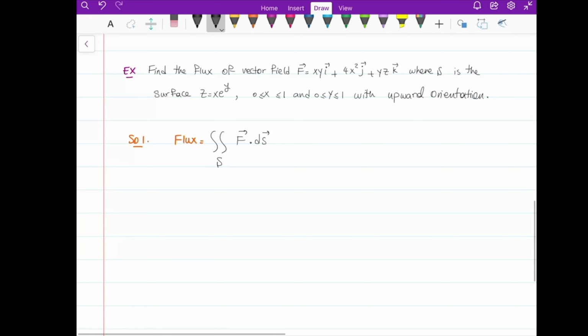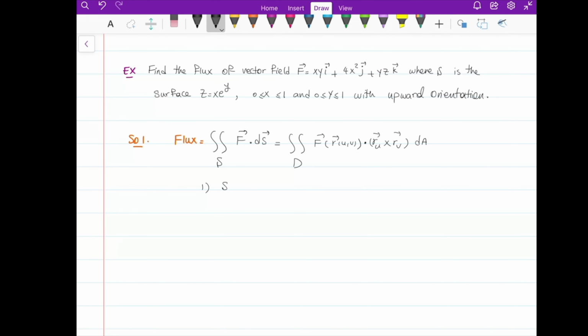So I'm going to use the double integral of F of r(u,v) dot the cross product of r with respect to u and r with respect to v, dA.